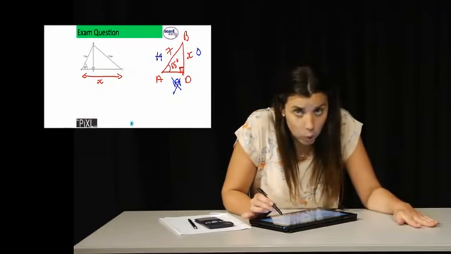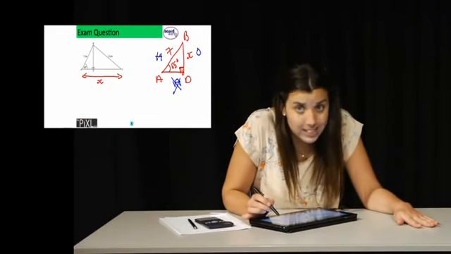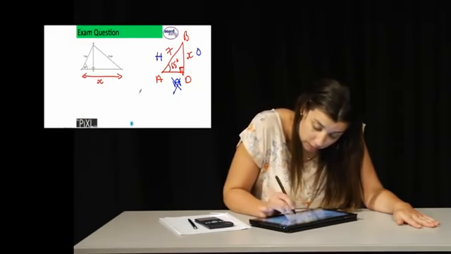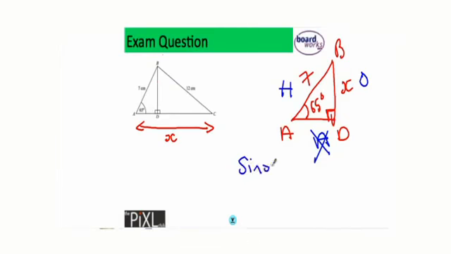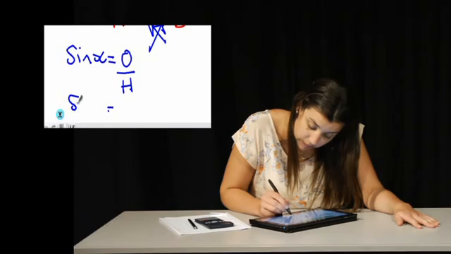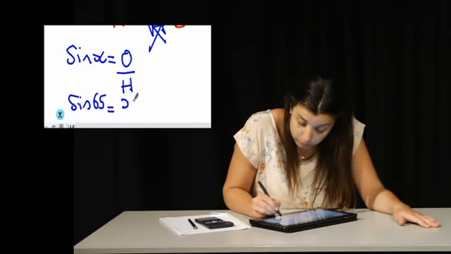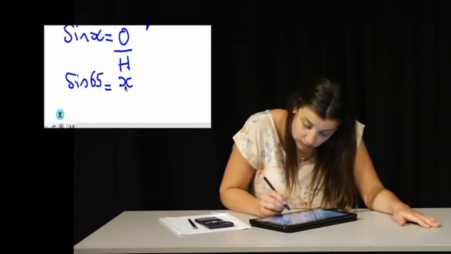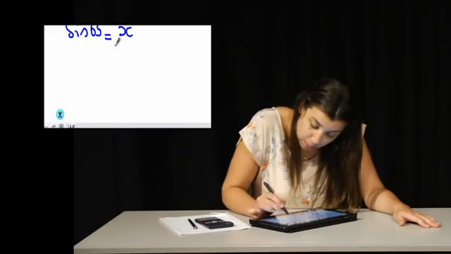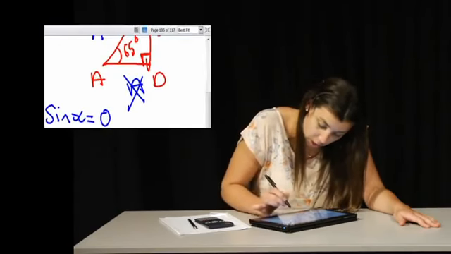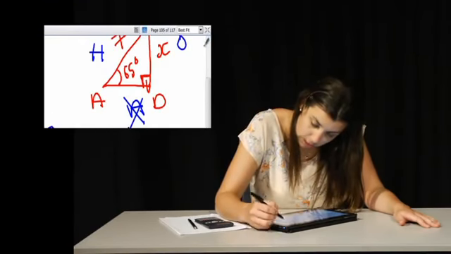So, soh cah toa. Which one has O and H in? Sin. So let's write it out. Sin 65 equals O divided by H, which equals x, which we don't know, divided by our hypotenuse, which we do know, is 7.